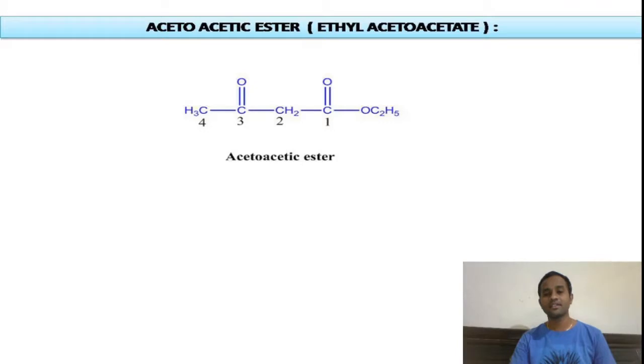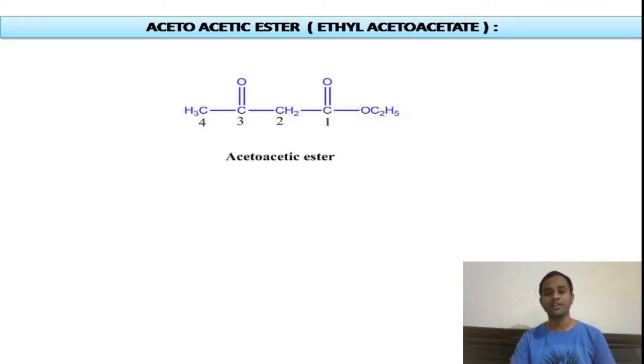Here the ester is the principal functional group, and substituents we will write in the prefix, that is oxo: 3-oxo ethyl butanoate, right? This is the IUPAC name.